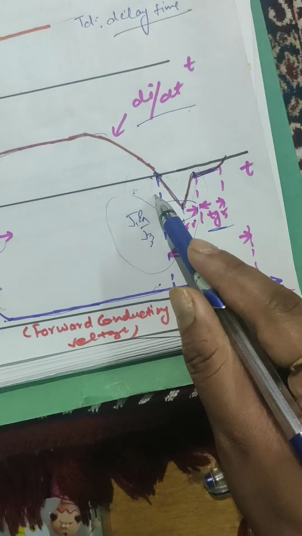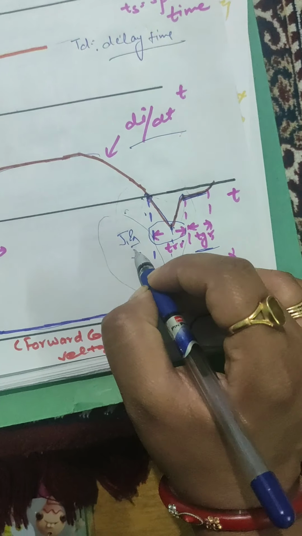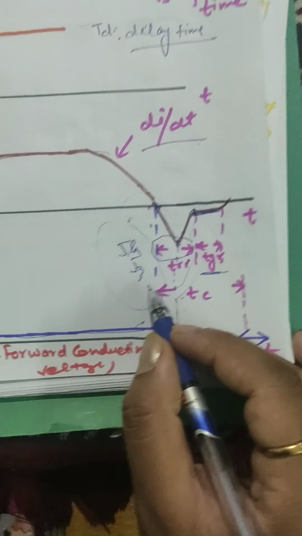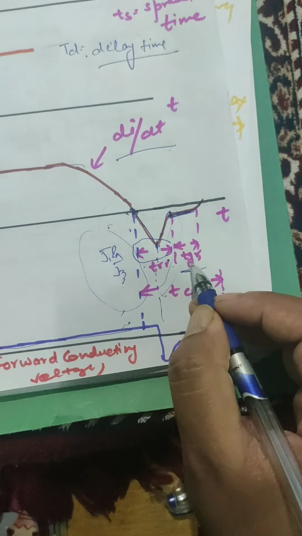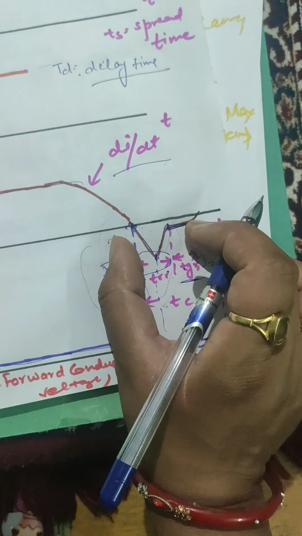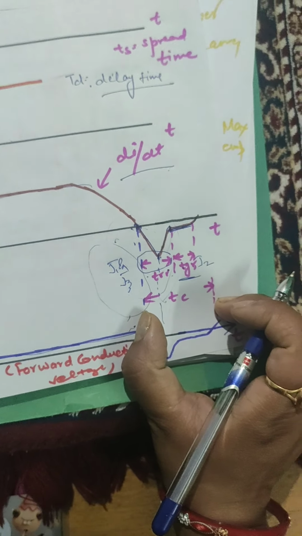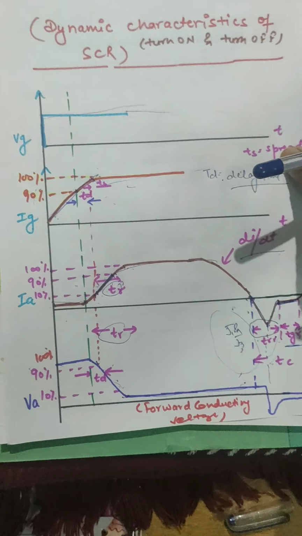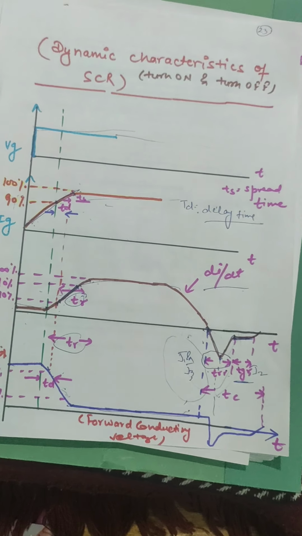The total is called the turn off time of SCR. So this is the final graph of turn on and turn off time, the dynamic characteristics of SCR.